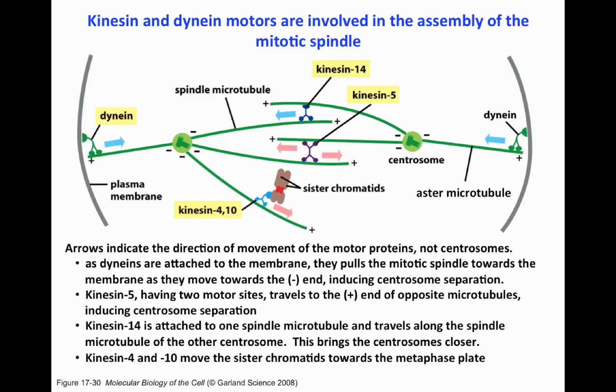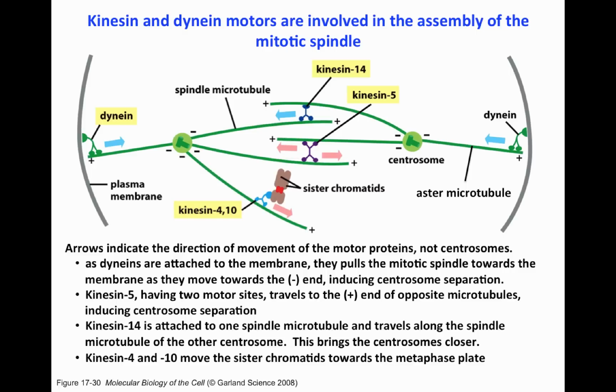So the first thing that we're going to have are dynein motor proteins that are bound to the membrane. And those dynein proteins are going to, as you know, walk the microtubule towards the negative pole of the complex.